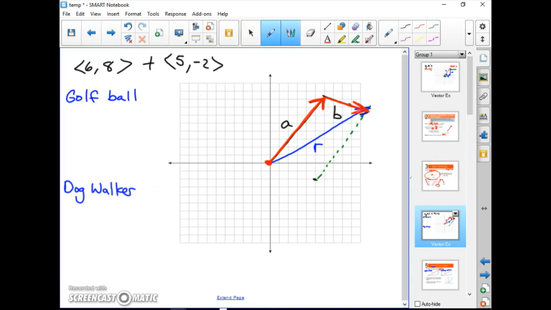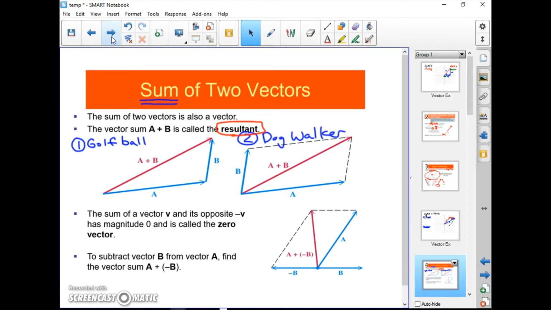The resultant vector is going from this start to right here. This is still the resultant. It's the same resulting vector, whether I do the golf ball picture or the dog walker picture. Okay, so just be aware that there are two different ones that you're going to have to look at. So when I look back here, notice this one is the golf ball.